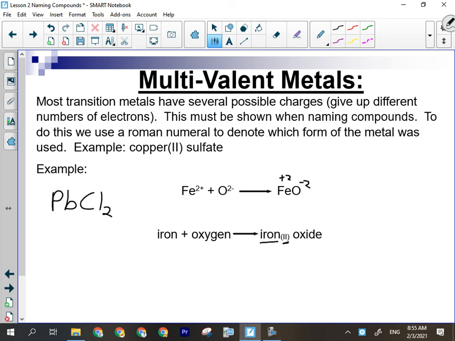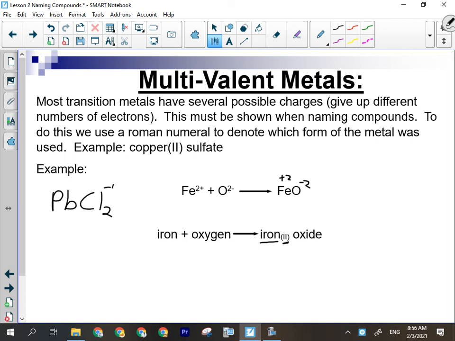If I was looking at this one, lead has 2 possible charges, 2 and 4. Which one is this one? What's the charge on chlorine? If you look on your periodic table, the charge on chlorine is -1.